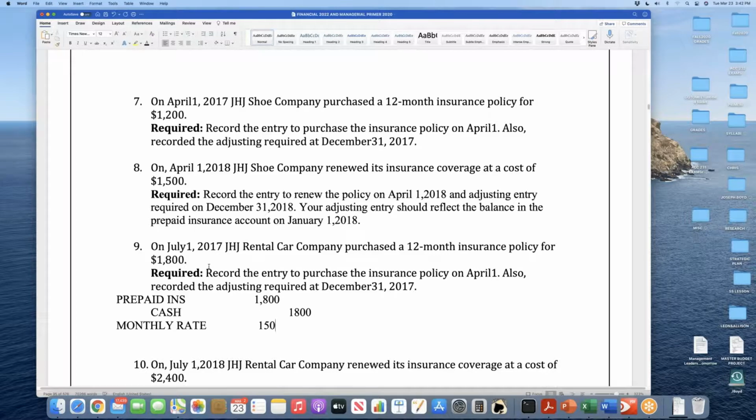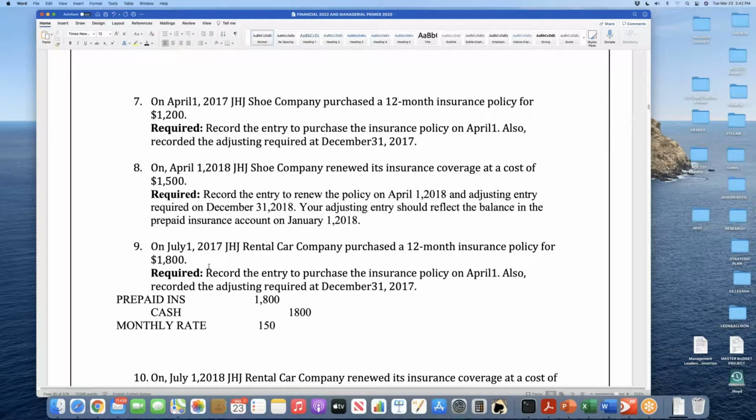Now we need to make the adjusting entry. We need to get the number of months, but let's make this simple.